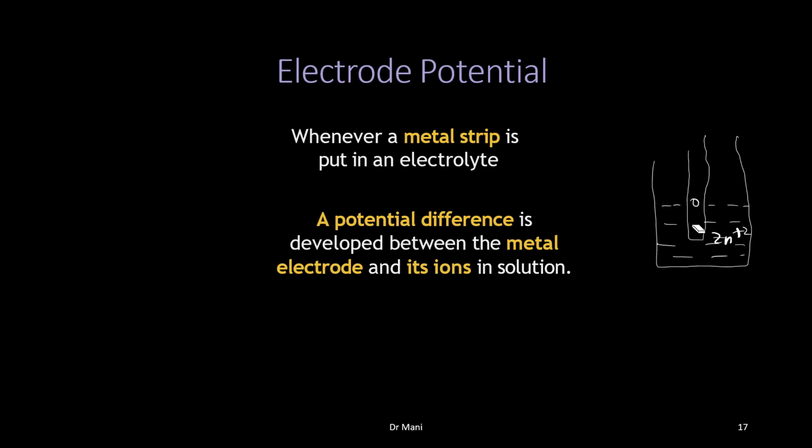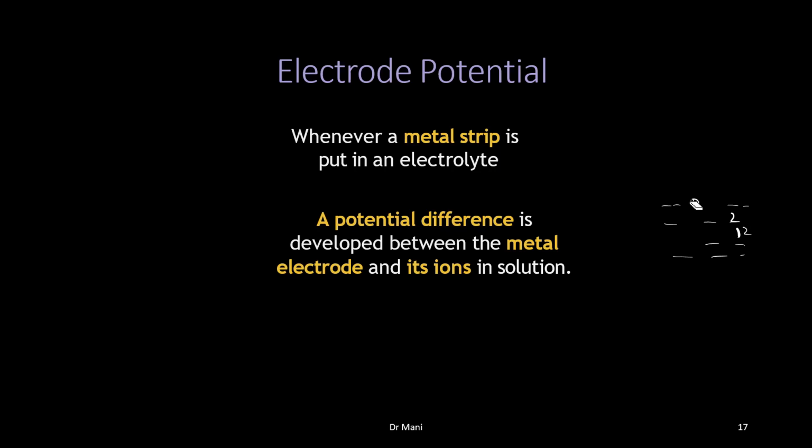The plus 2 charge is in the liquid, and the electrode, as it loses electrons, will gain some negative charge. This charge enables the potential difference. This potential difference automatically happens when you put the electrode in the solution. That's what we call potential development. Understood or not? Or should I explain in more detail?